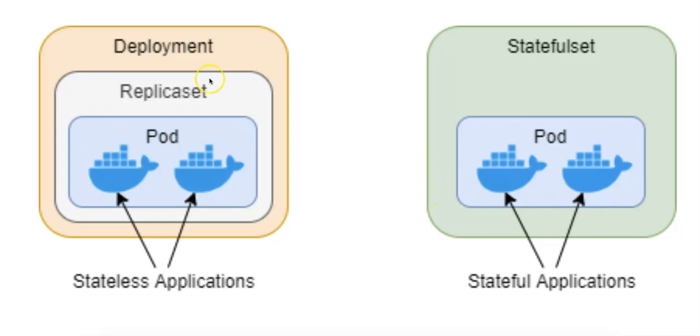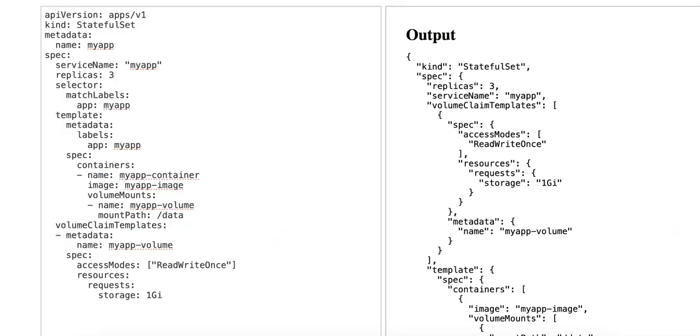So now let's take a look at an example of a stateful set. This is a YAML configuration for a stateful set, and we can see that we have the service name set to myapp under spec.serviceName. And this stateful set is associated with this headless service called myapp. And this allows each pod to be addressable by a stable DNS name.